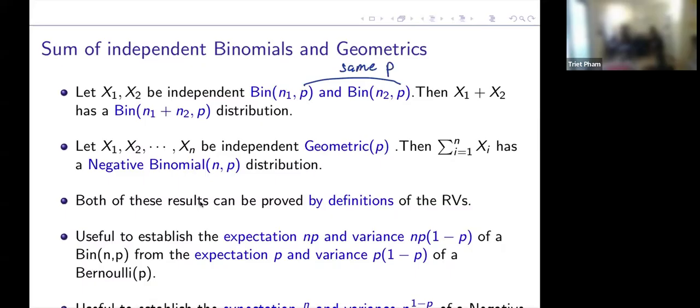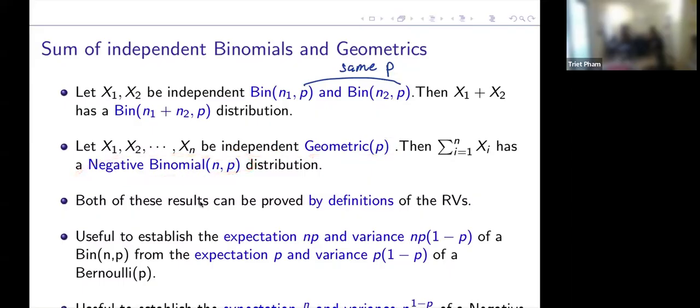We saw this when the sum of n IID Bernoullis gives you a binomial distribution. Another result is that if you sum IID geometrics, you get a negative binomial.